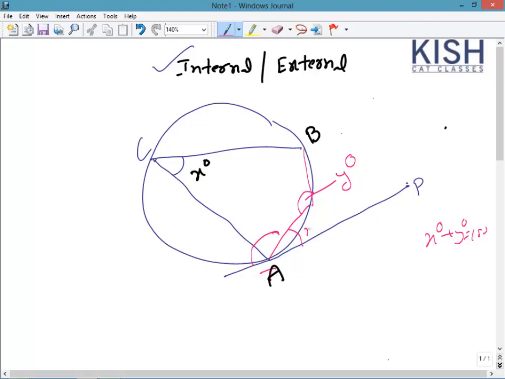This is x degrees and this is y degrees. Now focus on chord, focus on tangent. Exclusively focus on chord and tangent. Quite often we get questions on tangents and chords.